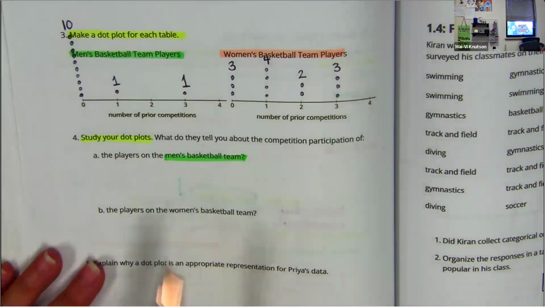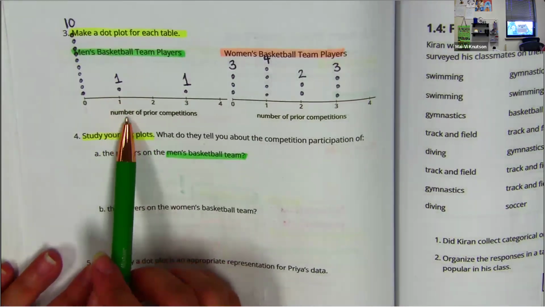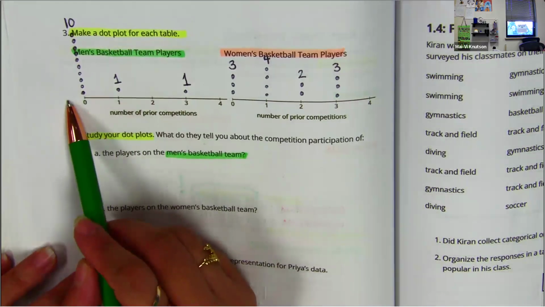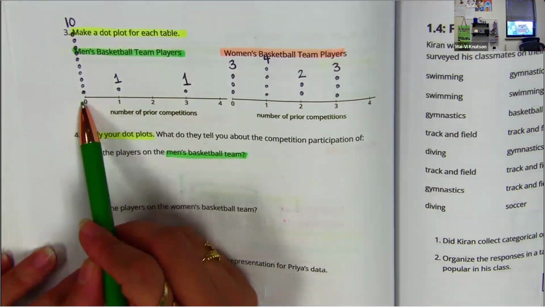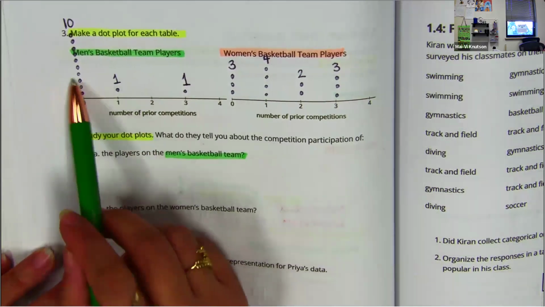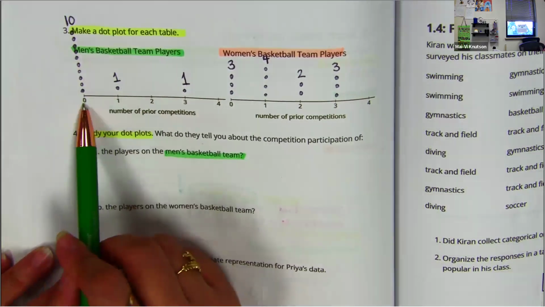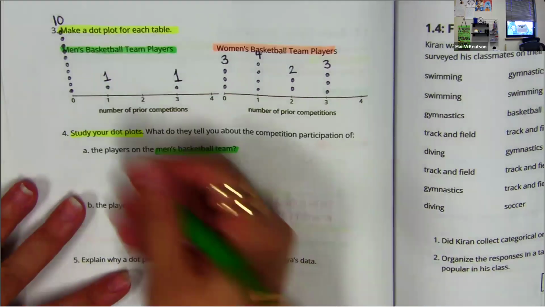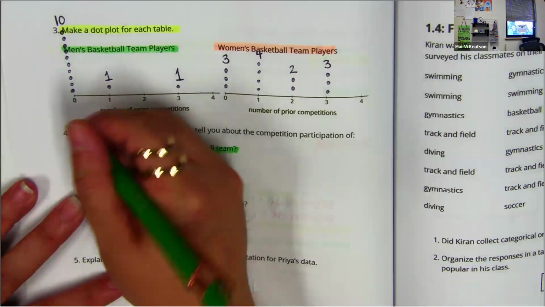So what did we notice here? Well, it looks like if I look at my data, a lot of men actually had no prior experience in competitions. That's what it tells me here, because there's a lot of players that said 0 experience in international competitions. So that's actually what I would say.